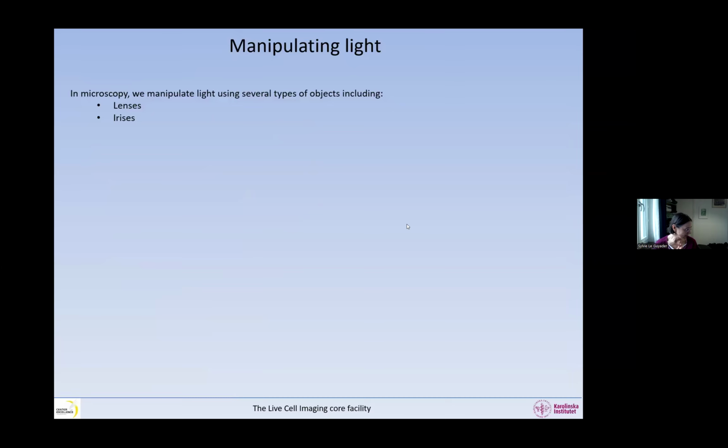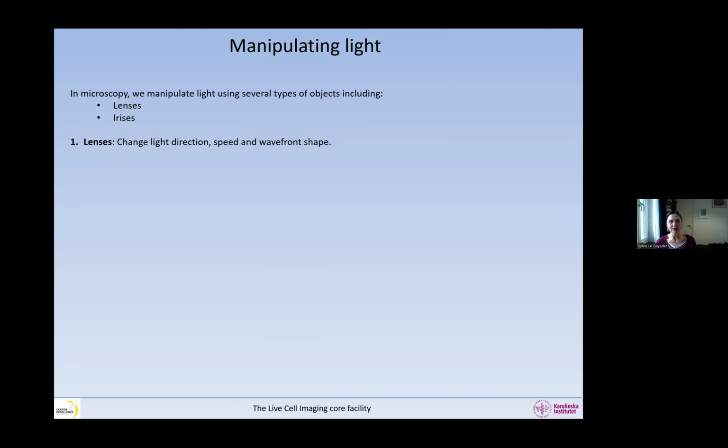So I've also said that we can use all these phenomena, diffraction, refraction, reflection, and interference, to manipulate light in the microscope. In microscopy, we manipulate light using several objects, lenses and irises. If I look at lenses, we see that we have refraction because the light comes in at a certain angle and the surface may or may not be flat.